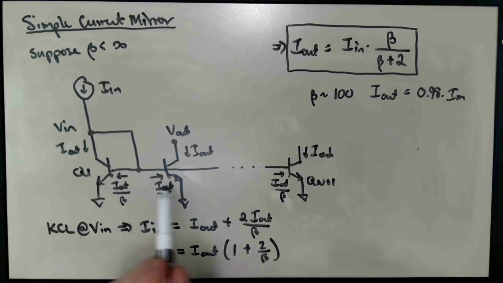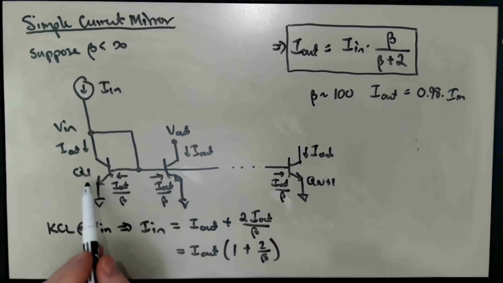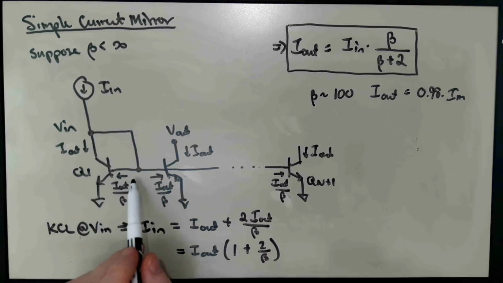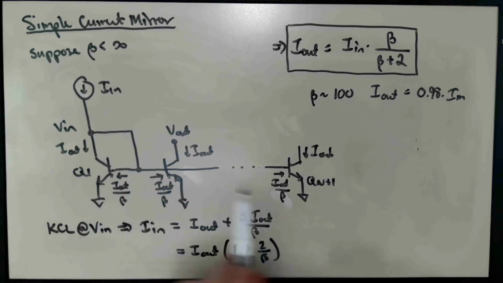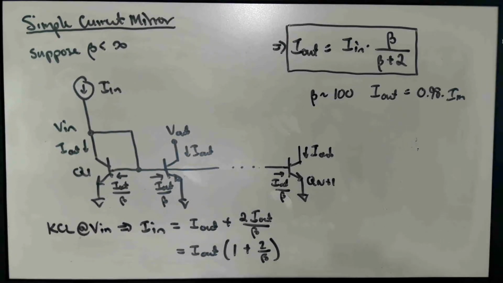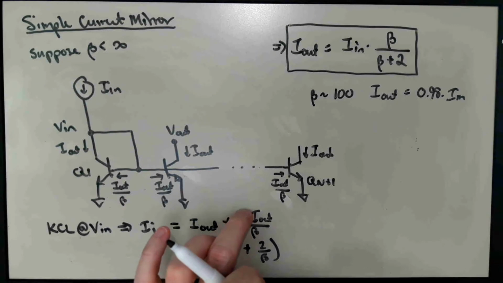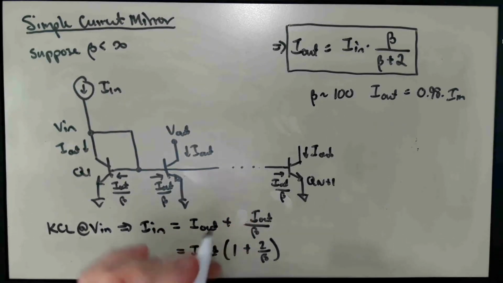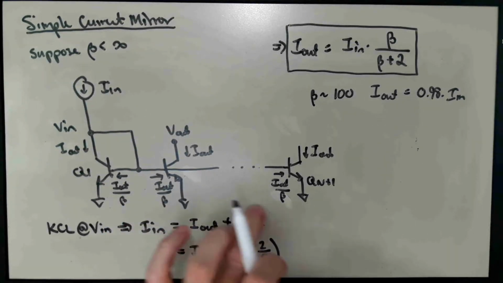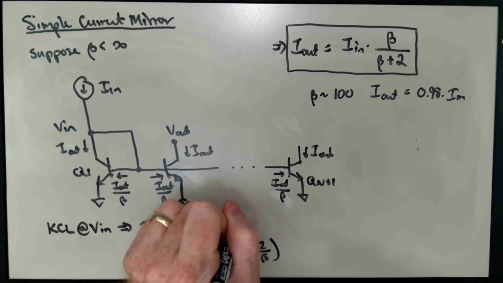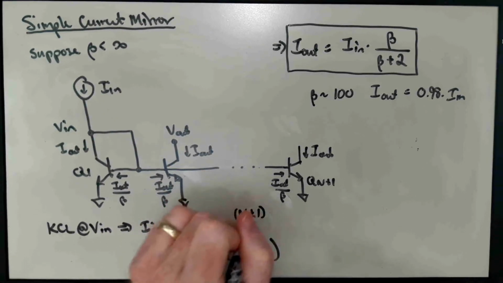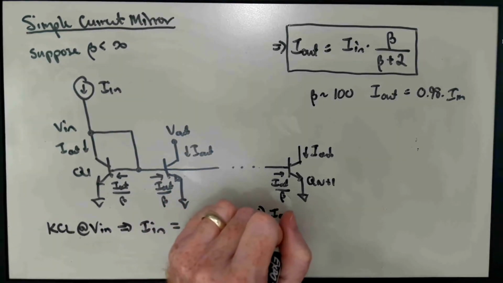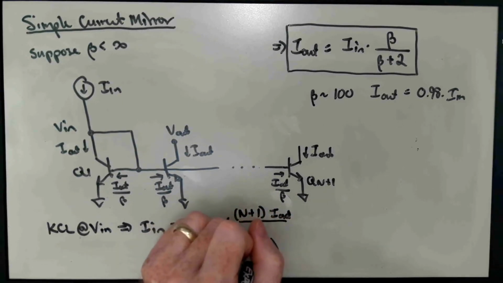So we have n plus 1 transistors, each having a little bit of base current stolen from the input KCL. Well, in that case, this is going to be n plus 1 times beta, or n plus 1 times I out over beta.